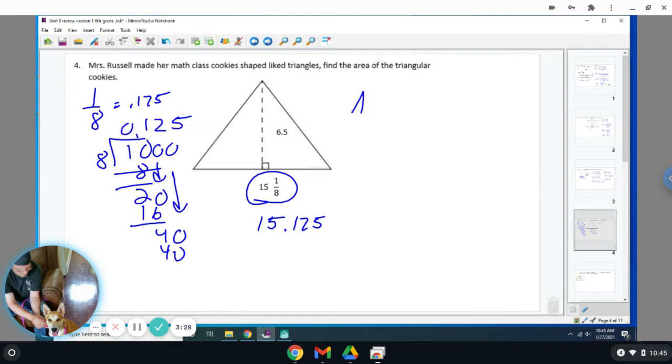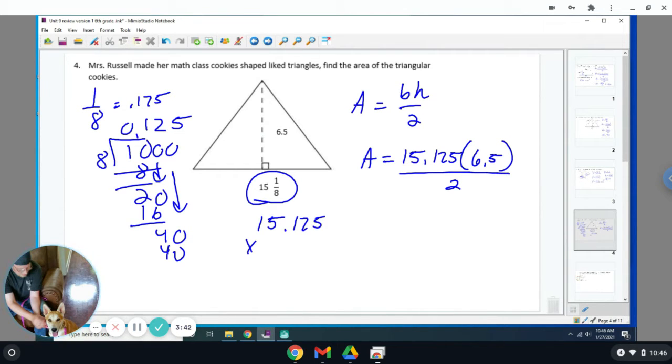So now we're going to do the formula. So A is equal to base times height divided by 2. So the base will be 15.125, and then the height will be 6.5, divided by 2. So we're going to do 15.125 times 6.5. You have to put your placeholder.